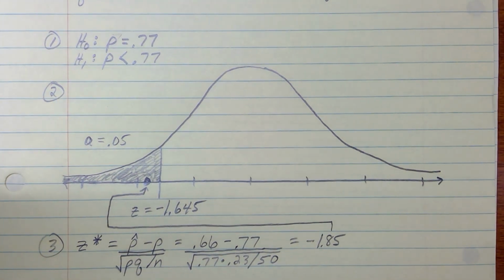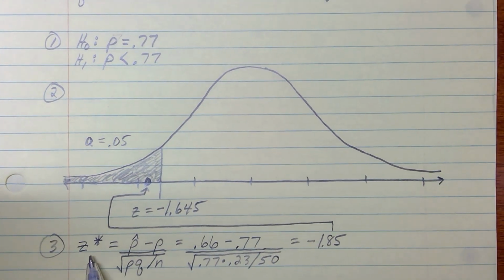So we run the test and pop the numbers into the formula. Z star, our test statistic, is my data minus the accepted belief. My data is 66%. The accepted belief is 77%. We're seeing the difference. I need to see if that difference between the two is significant.